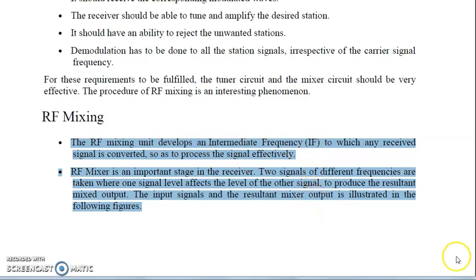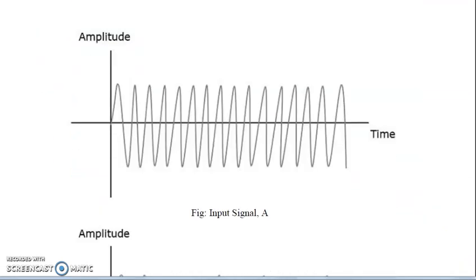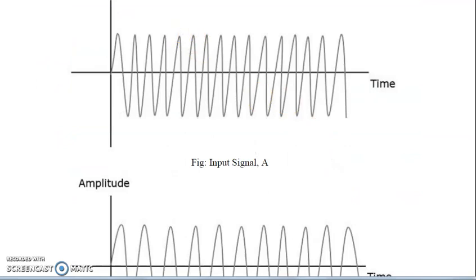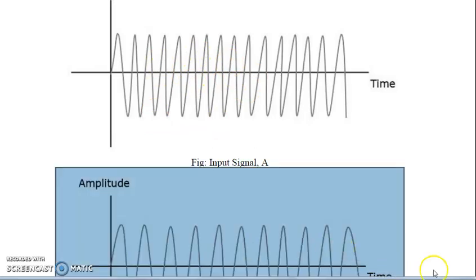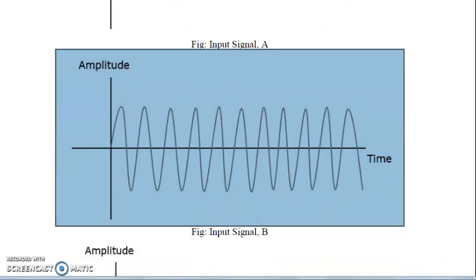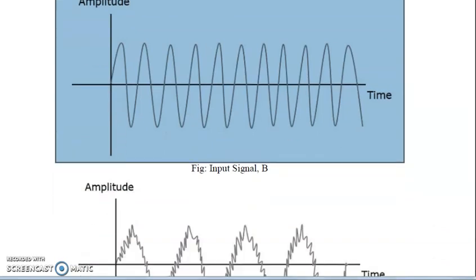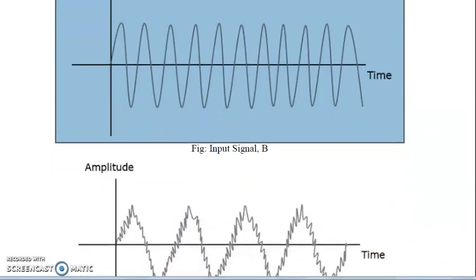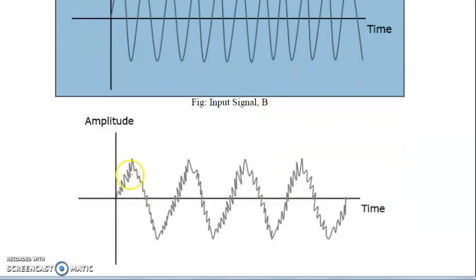Okay. So here is an example which can be shown to you. This is signal 1 which has some frequency F1, and this is signal 2 which has another frequency F2. Okay. So if both the signals are mixed, then in the time domain diagram, this will be shown like this.